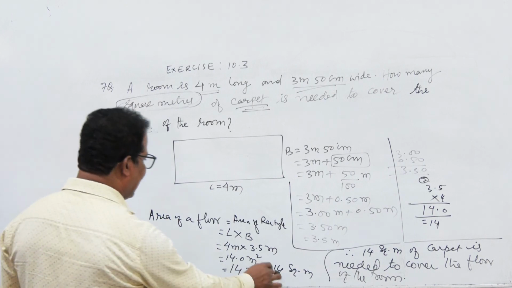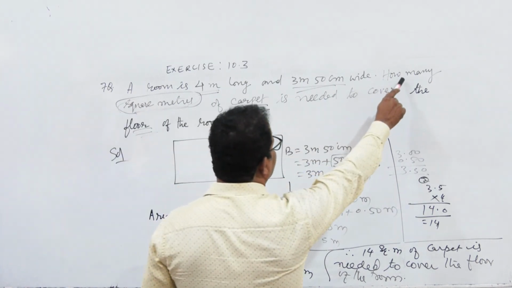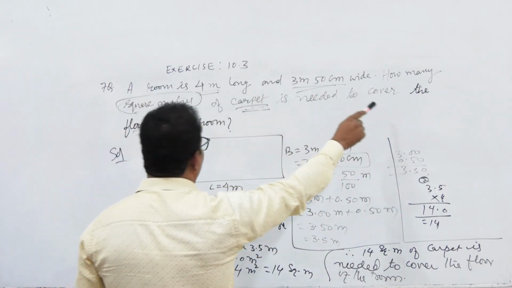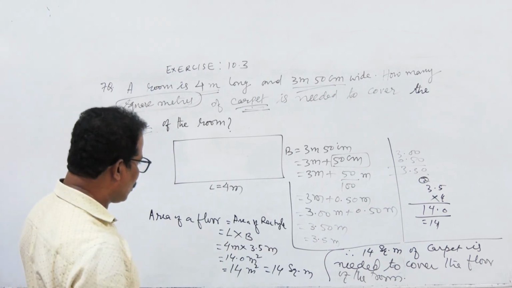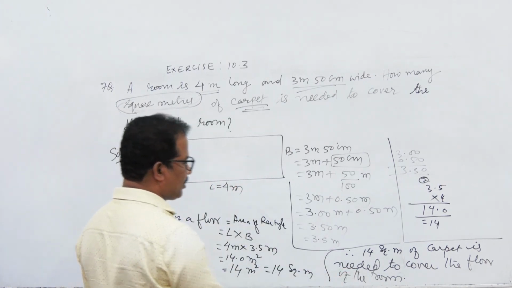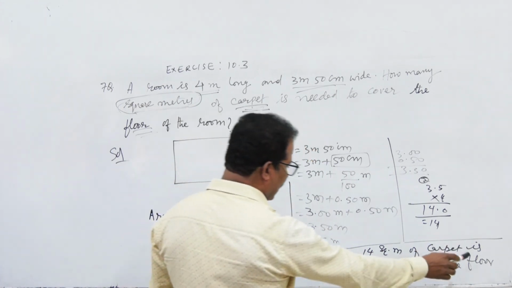By finding this area of the floor as 14 square meters, now we are able to give the answer of this question. The question is, how many square meters of carpet is needed to cover the floor of the room? So now the total area is how much? 14 square meters. Therefore 14 square meters of carpet is needed to cover the floor of the room.